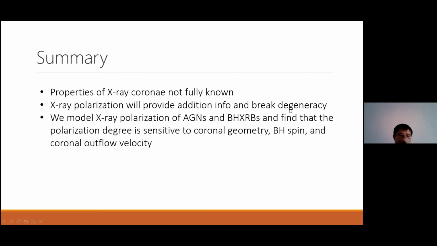With our Monte Carlo radiative transfer code, we modeled the X-ray polarization of accreting black holes, both stellar mass and supermassive, and we found that the polarization degree is sensitive to the geometry, the spin, and also the dynamics of the corona. So thank you for your attention.